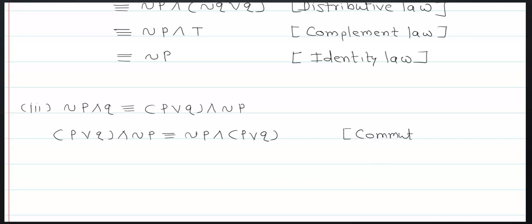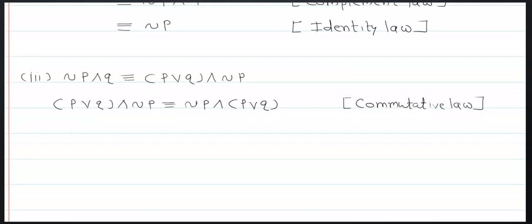Negation of P and in bracket P or Q. Then we will distribute AND over the OR. That is negation of P and P, or negation of P and Q.